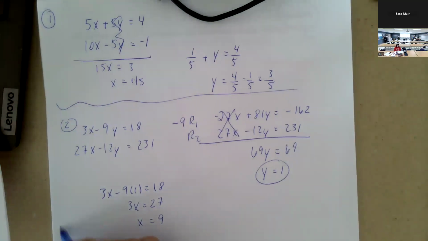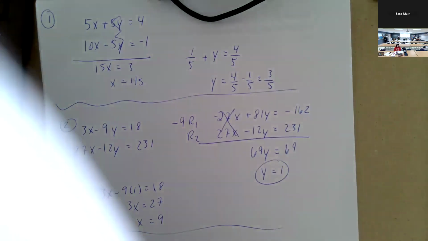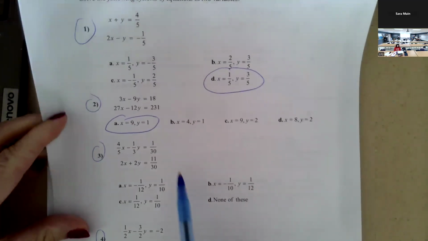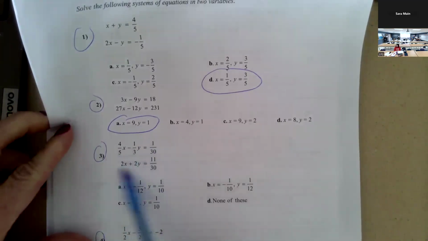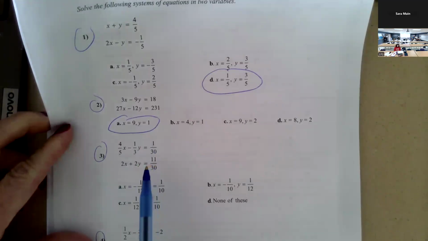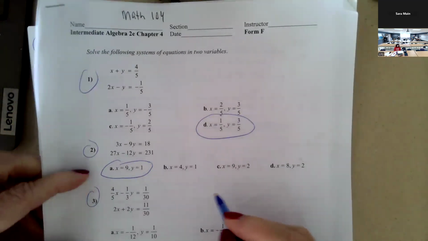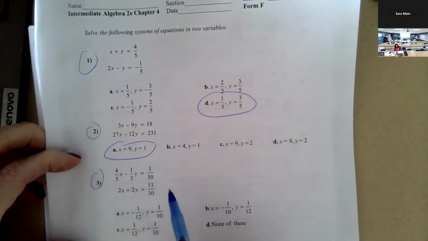So let's look at number 3. Number 3 has some fractions. I am again going to multiply through so I can eliminate my fractions. 5 and 3 can both get multiplied to make 30, so I'm going to multiply through by 30 on the first equation.